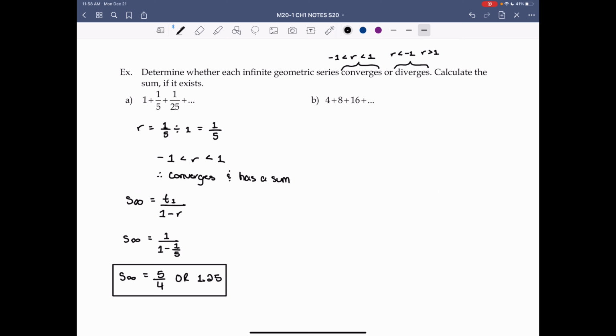B, the series 4, 8, 16, etc. We want to figure out the R value. R equals, let's take term 2, 8 divided by term 1, which is 4. 8 divided by 4 is 2. 2 is greater than 1, so we have the situation where R is greater than 1. That means the series is divergent and has no sum.